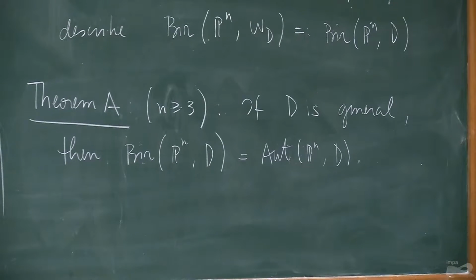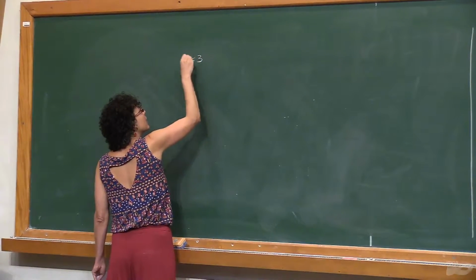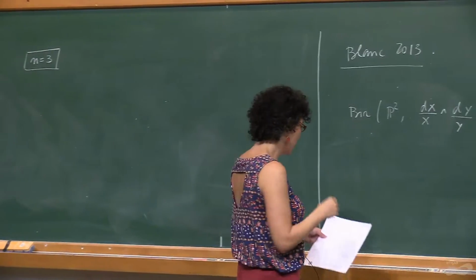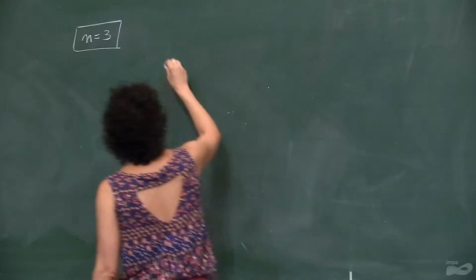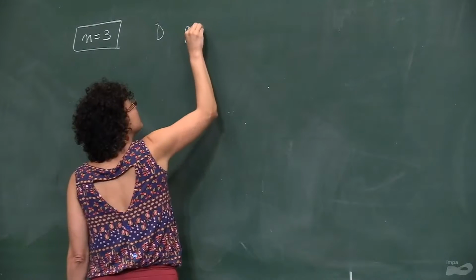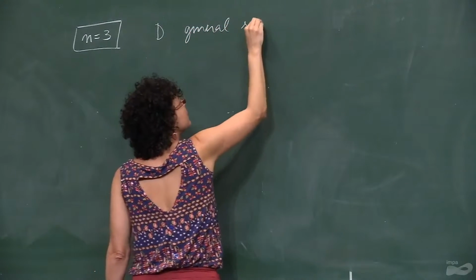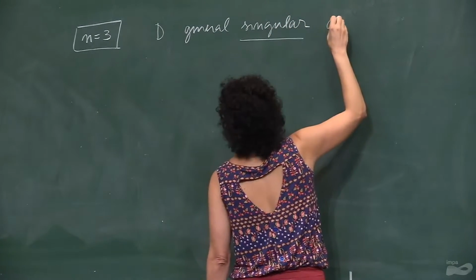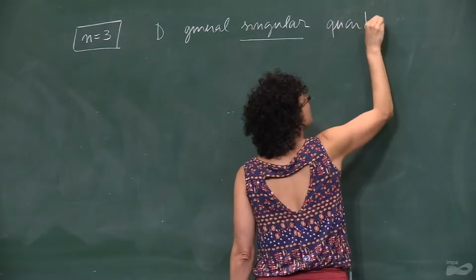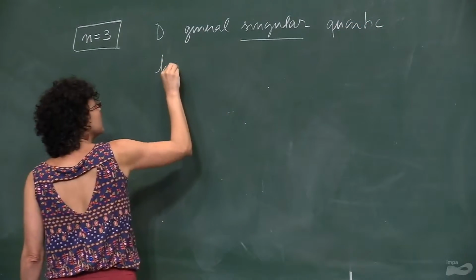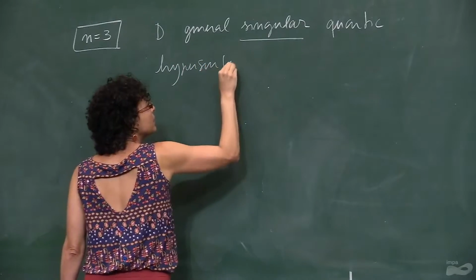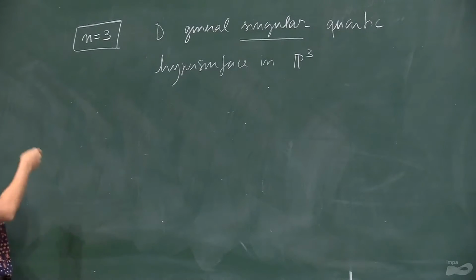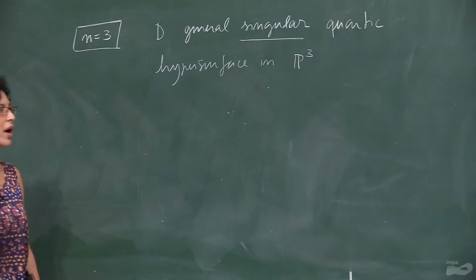So in dimension 3, what is the first singular case? Let's start with a general singular quartic hypersurface D in P3. Let me write the equation of such a quartic hypersurface.